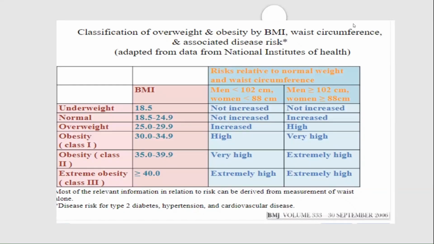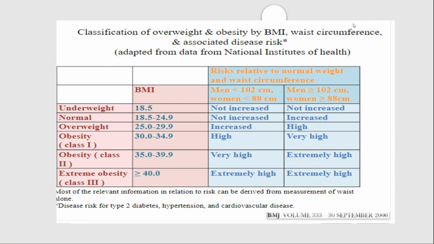The relationship between BMI and waist circumference is significant in assessing health risks associated with obesity. A normal BMI may not necessarily indicate a lower risk of cardiovascular disease, type 2 diabetes, and high blood pressure if waist circumference exceeds certain thresholds. For men, a waist circumference greater than 102 cm or more than 40 inches, and for women, greater than 88 cm or more than 35 inches, signifies an increased risk of these diseases, even with a normal BMI.